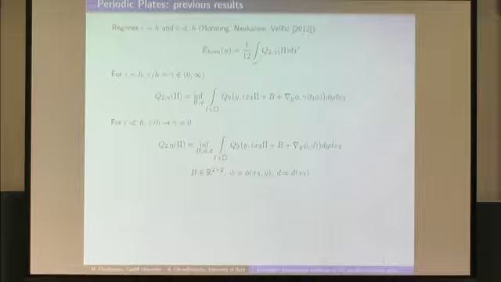So basically, you can consider different regimes depending on the relation between epsilon and h. These three guys, Hornung, Neukamm, and Velčić, in 2012, published a paper considering two regimes: when epsilon is of the order of h, and epsilon is much smaller than h.